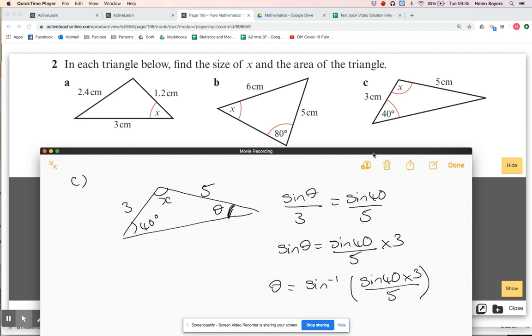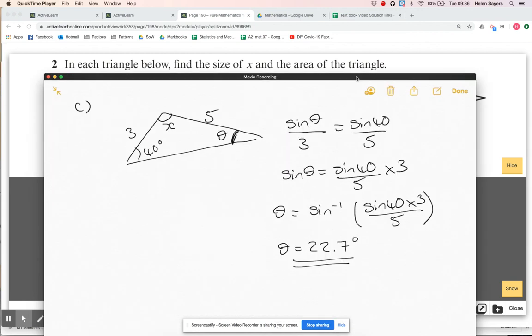So you can just put that into a calculator in one go. So arc sine of sine 40 times 3 over 5 is, theta is 22.7 degrees. But obviously that's not actually the angle I was asked to find.